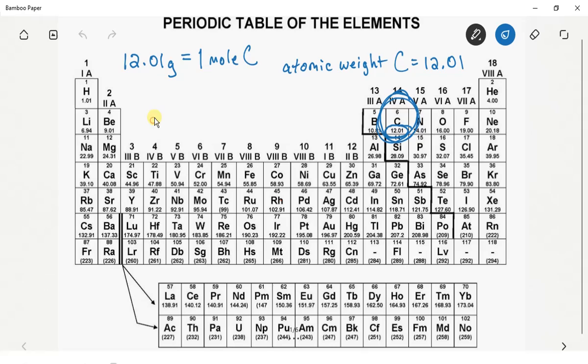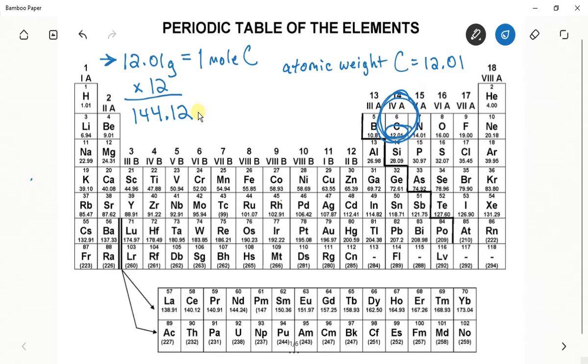So we need to take this 12.01 grams per 1 mole of carbon and multiply it by 12. So 12.01 grams times 12 is 144.12. That means 144.12 grams of carbon equals 1 mole of carbon sub 12, or 1 mole of 12 carbons.